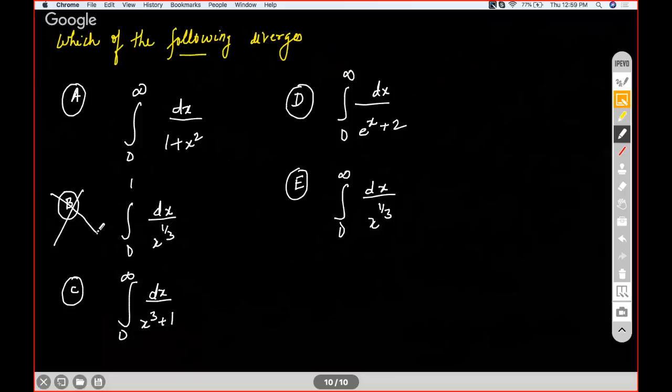Even A and C is nothing, because it's lesser than a convergent function. But it's 0 to infinity, not 1 to infinity. So if you break it up from 0 to 1 and then 1 to infinity.